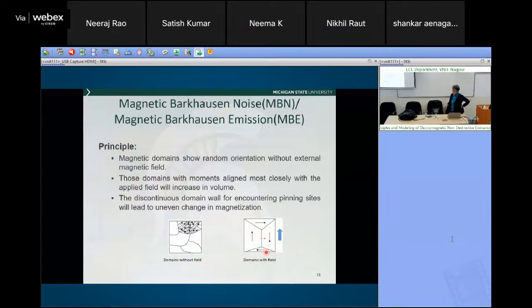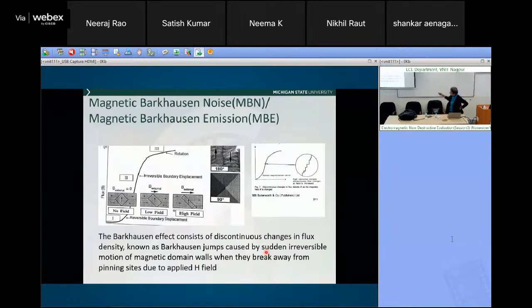And this discontinuous movement or restructuring of the domains is controlled by what are called pinning sites in the crystal structure. These can be dislocations or impurities in the crystal structure. So they all make this domain movement very discontinuous, and each discontinuity provides a little signal. It's not a continuous signal; it provides a signal that looks like this over here.